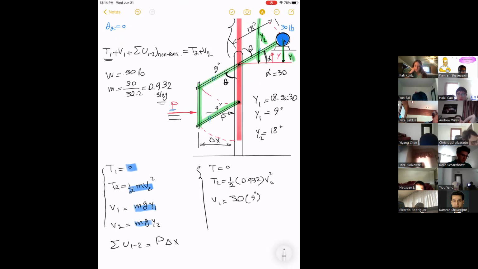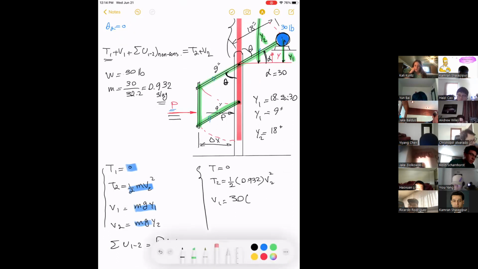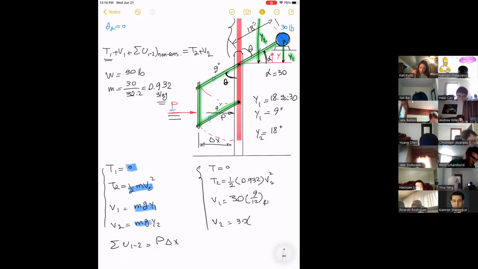Remember, the unit for work energy was pound-feet, right? This is inch, so you're going to have to make it feet. And V2 is going to be 30 times 18.